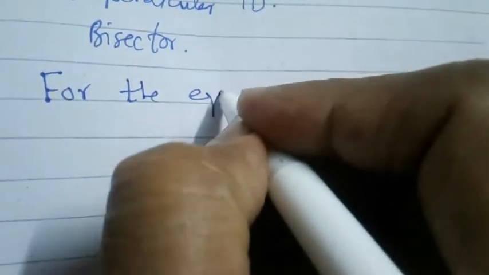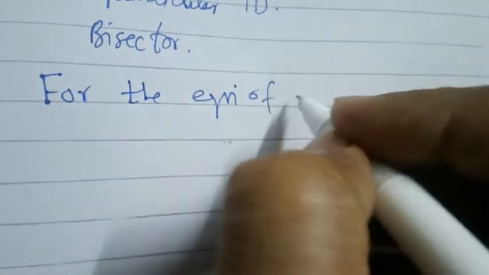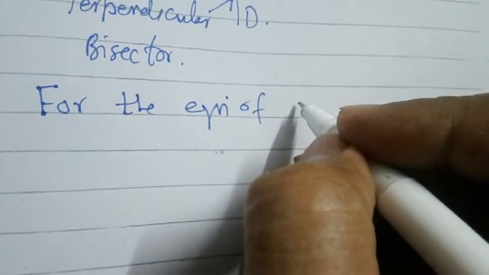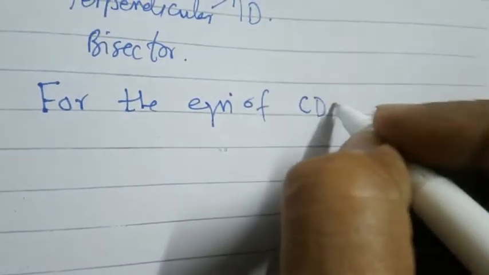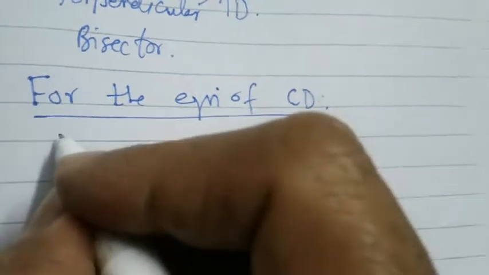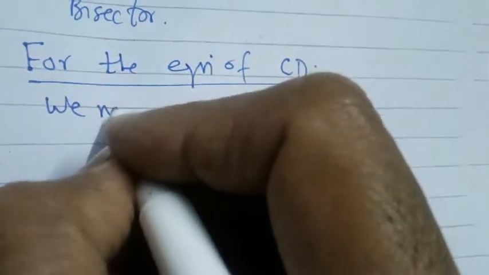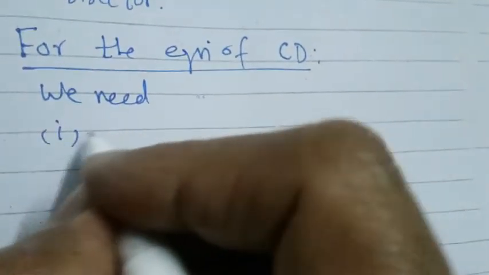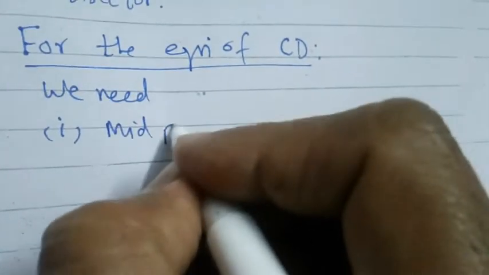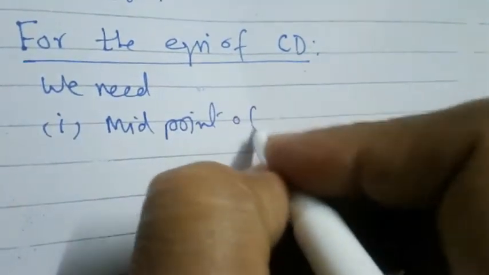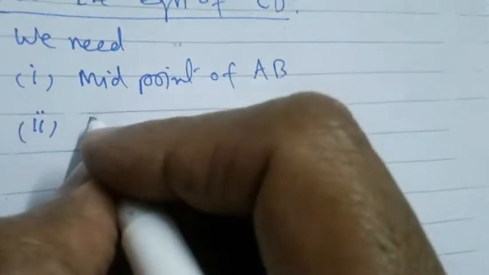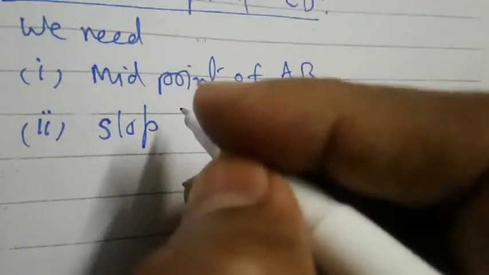To find the equation of the perpendicular bisector of AB, that is the equation of CD, we need two things.